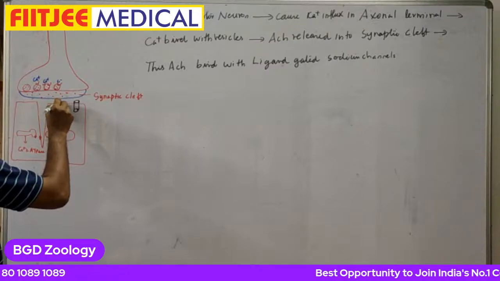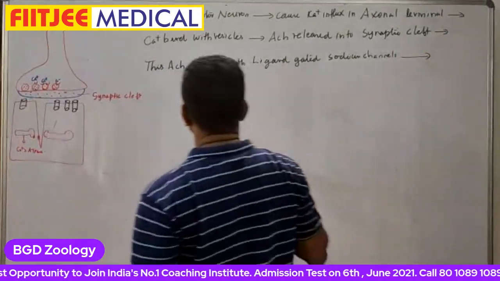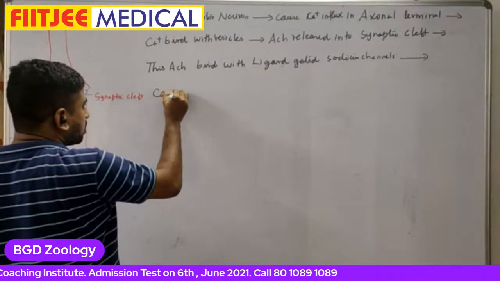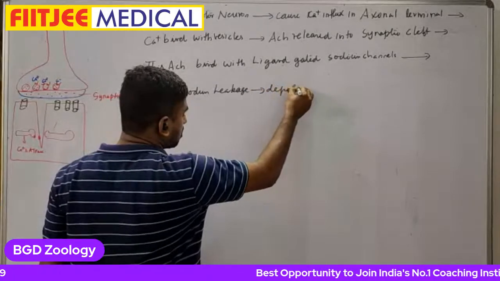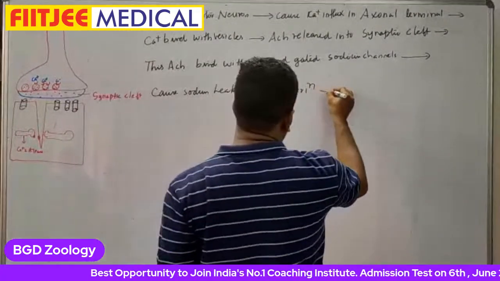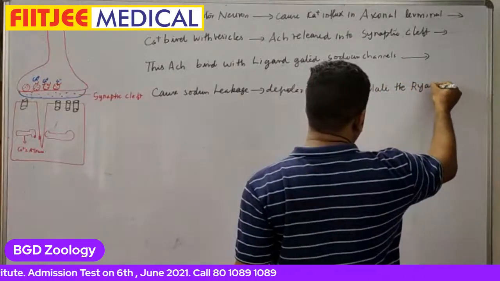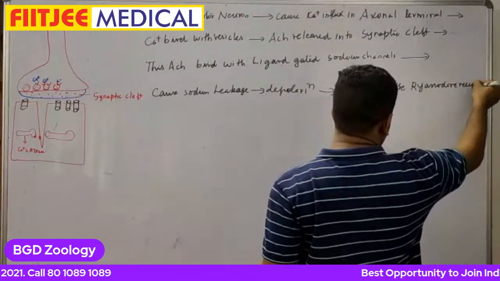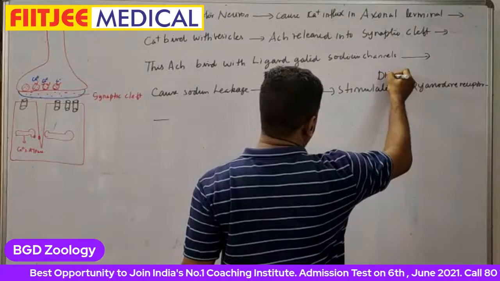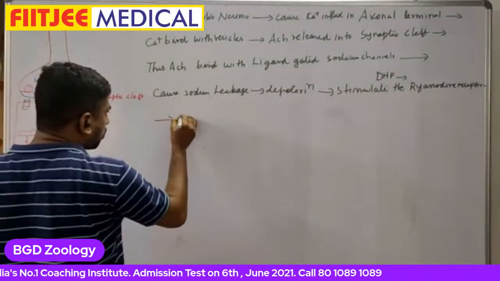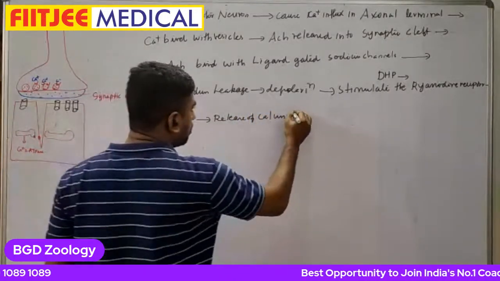Okay, ligand gated sodium channels. So that will cause sodium leakage, depolarization, that will stimulate first the DHP, then the ryanodine receptors. Then that will stimulate the sarcoplasmic reticulum and release of the calcium into the sarcoplasm.